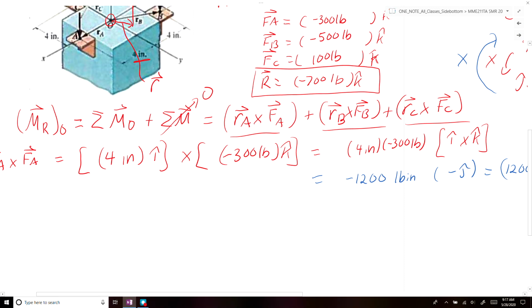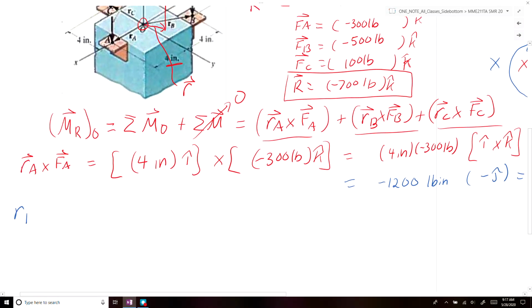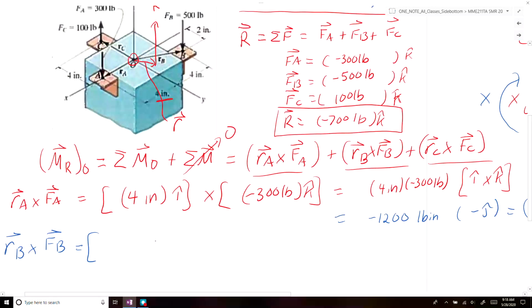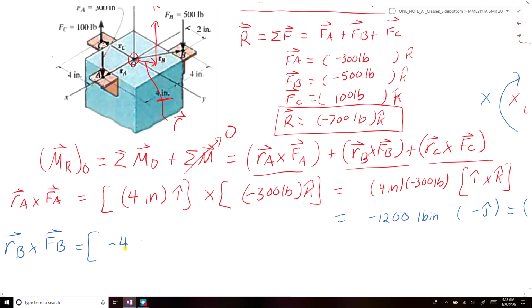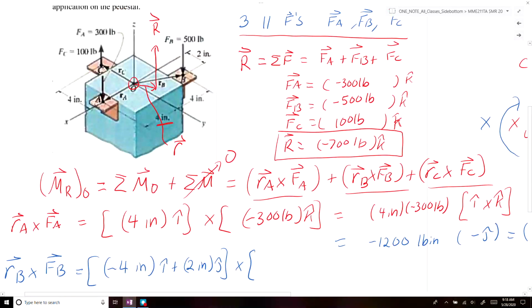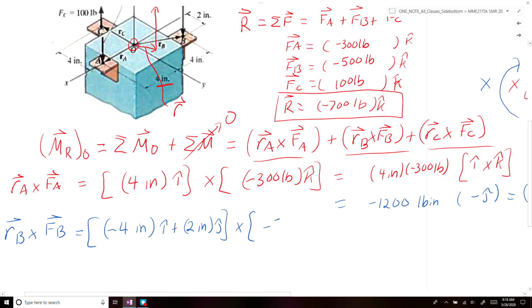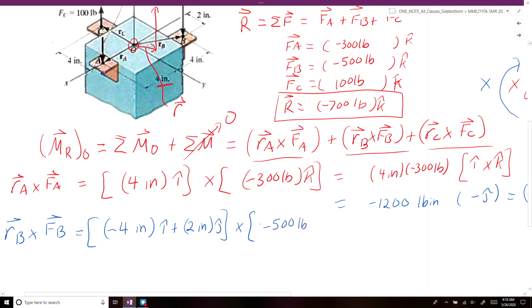So we can move on to the second cross product, which would be RB cross FB. R of B was defined as negative 4 inches I plus 2 inches J, cross a minus 500 pound force going along the Z axis.